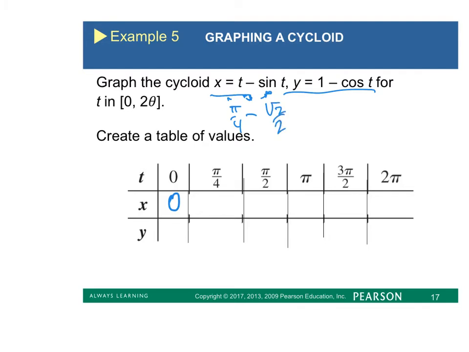Now, that's a calculator. I want to know what the calculator number is. I don't know what it is in my head. Well, let's do the pi over 2. That's 90. Sine of 90 is 1. So this gives me pi over 2 minus 1. Again, what's the decimal? But you get the point here. You can use a table. Matter of fact, your calculator will give you the table of values as well.